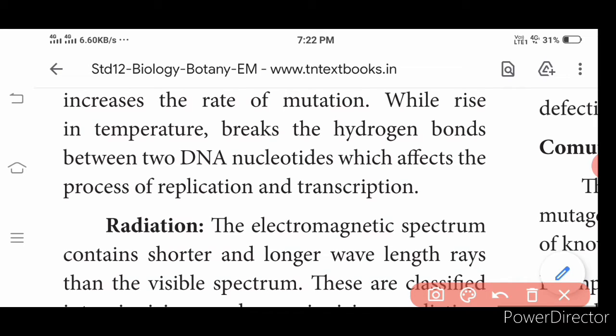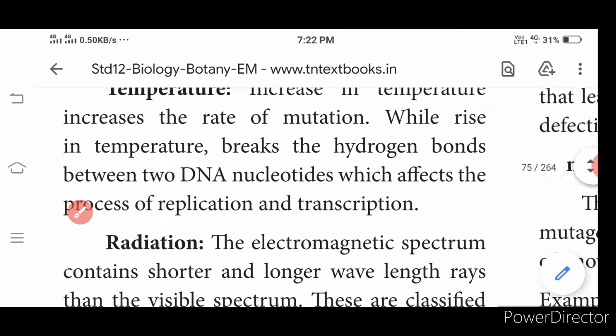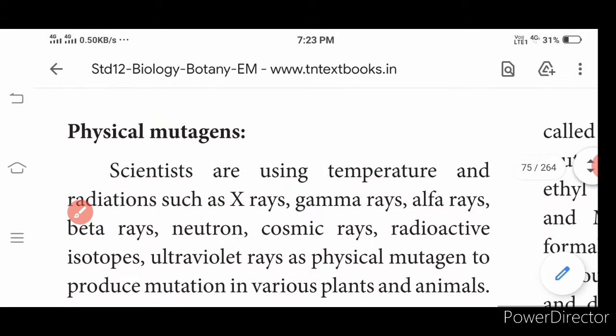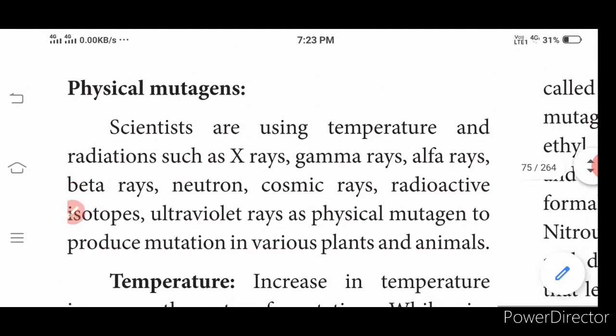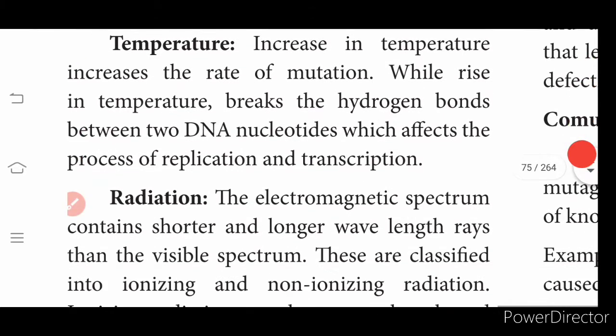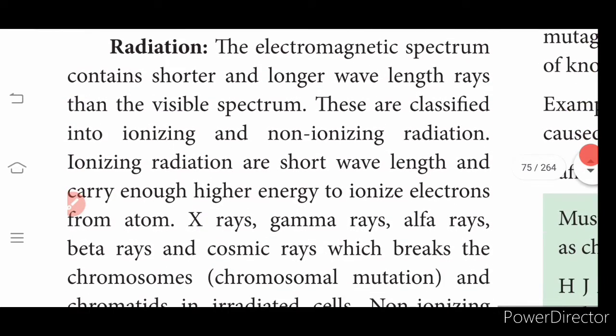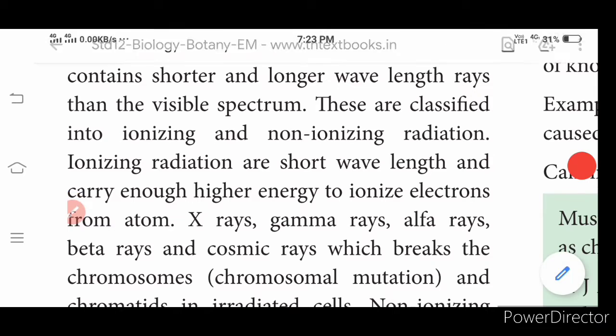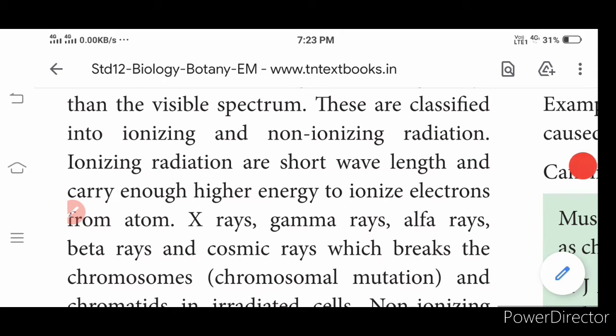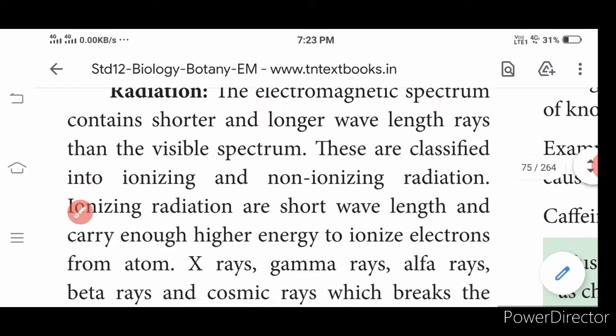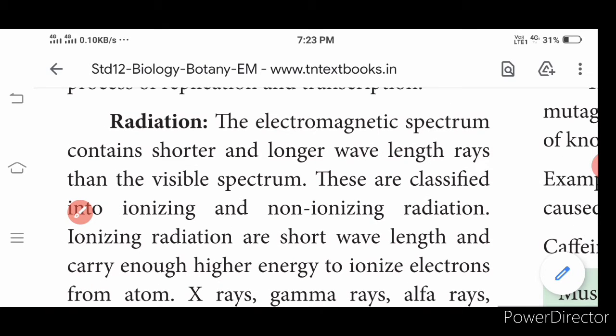That is about temperature acting as a mutagen, and radiations like X-ray, gamma ray, alpha rays can bring about mutation. Radiation is part of the electromagnetic spectrum, which contains shorter and longer wavelengths. They have an effect on the DNA.